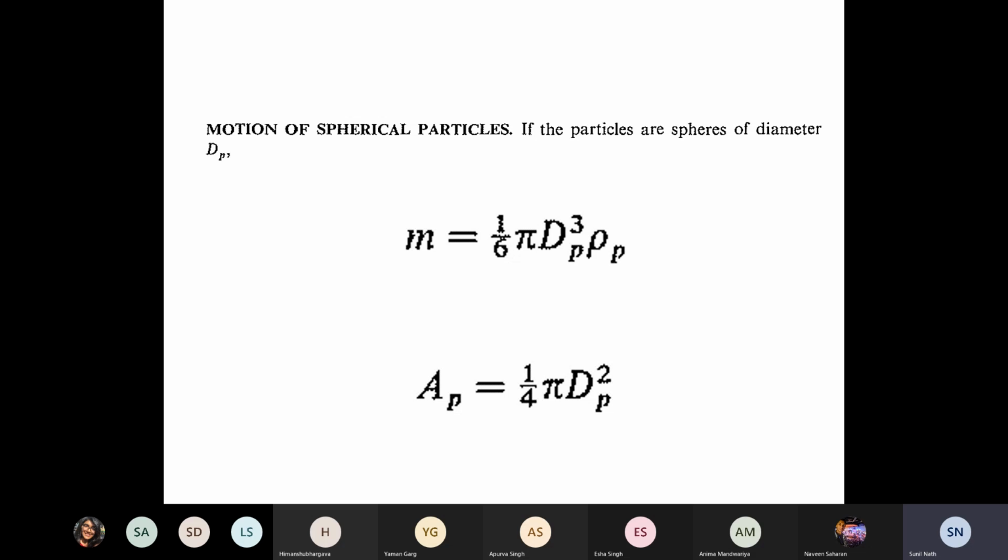The terminal maximal velocity is within a square root: 4g into the difference in the densities between the particle and the fluid surrounding it, multiplied by the particle diameter, whole divided by, still under the root of course, thrice the dimensionless drag coefficient times the fluid density. That is, 4g (rho p minus rho) dp upon 3 CD rho. Very important expression. So please see that you can derive this.